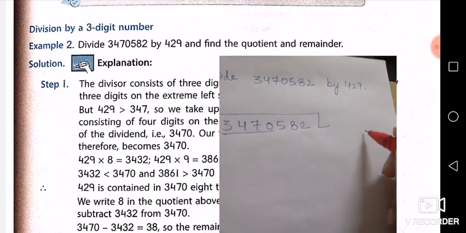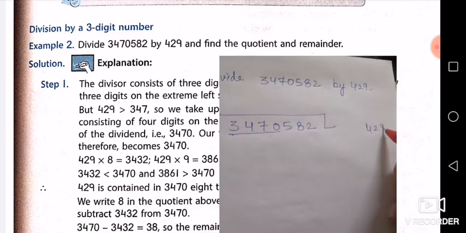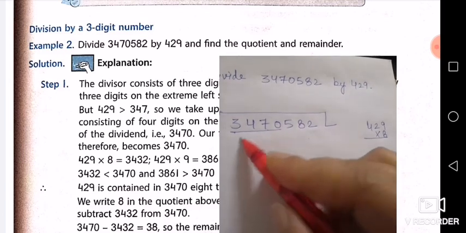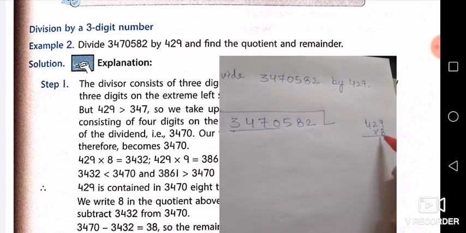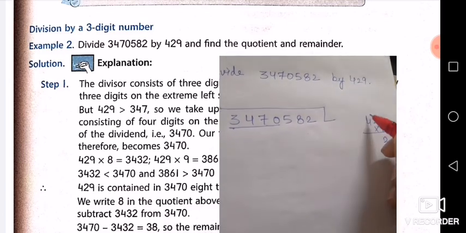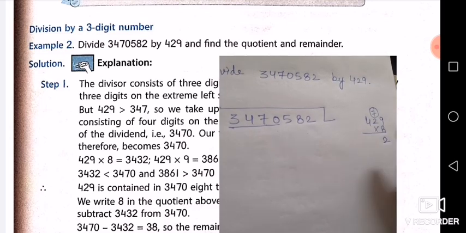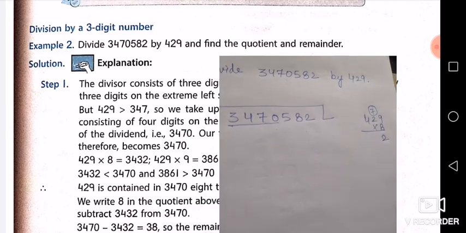So now we will multiply 429 by 8 to get a number which we can write below. Now 8 nines are 72. We'll write here 2, 7 will be carry. 8 twos are 16, then 7, that is 23.